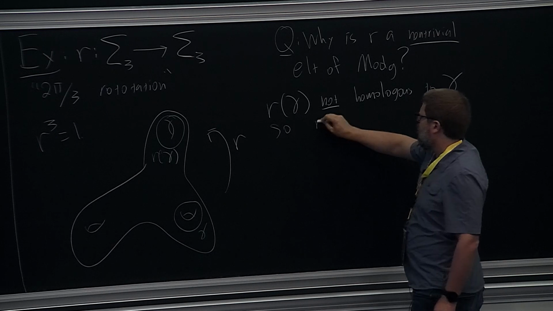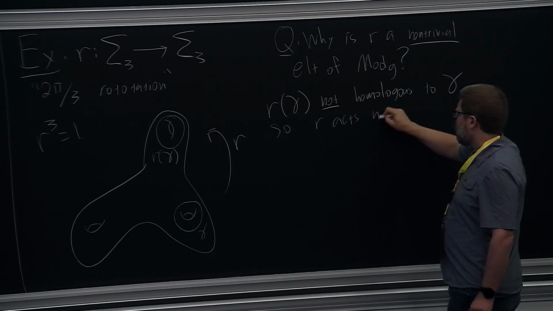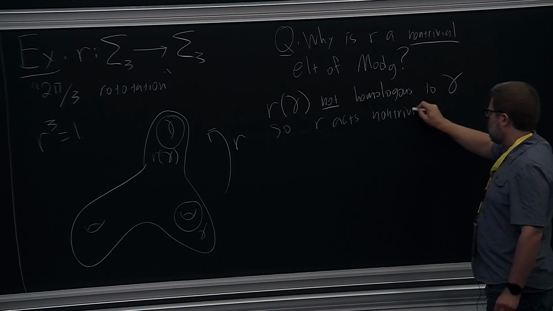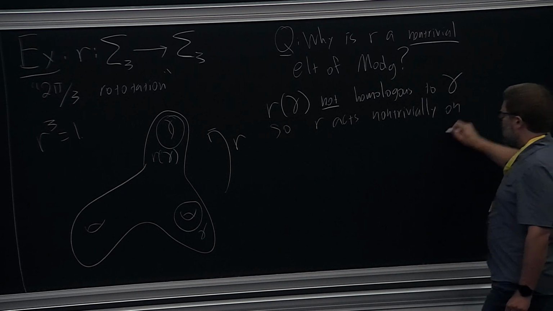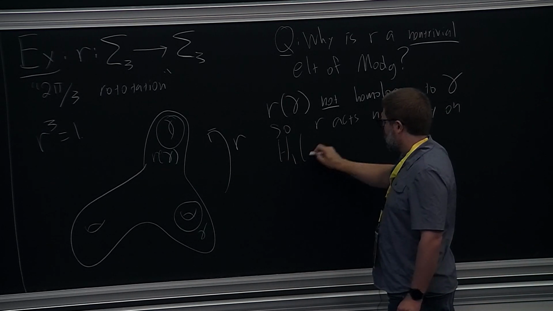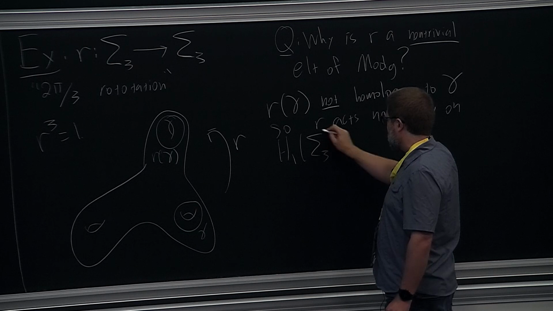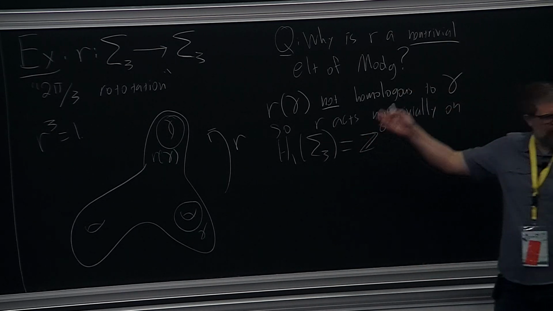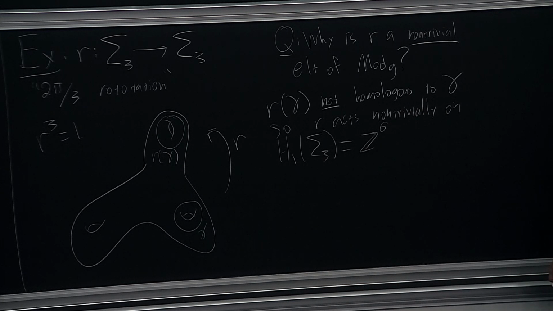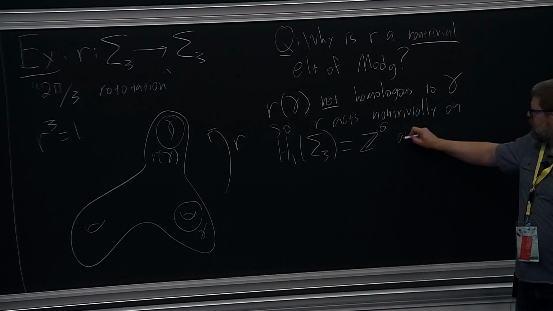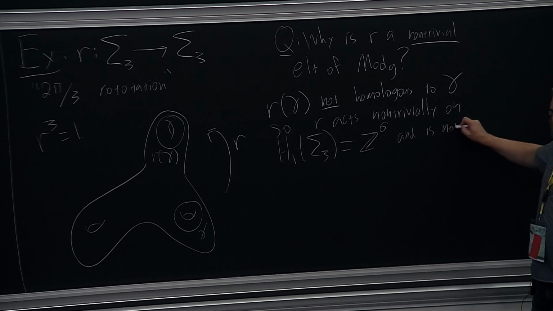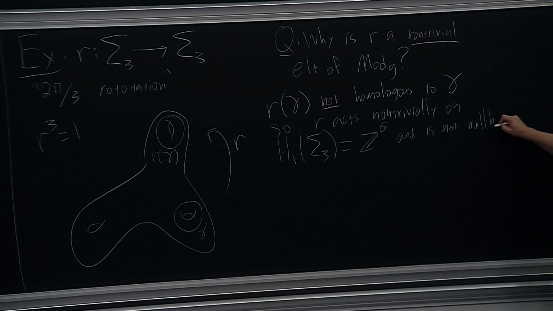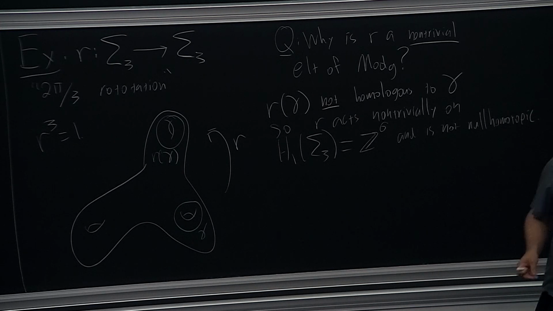So R acts non-trivially on H_1 of the surface, H_1 of Sigma_3, which is, of course, Z^6. It's the usual Z^6 that you're all familiar with, and R is not null homotopic.